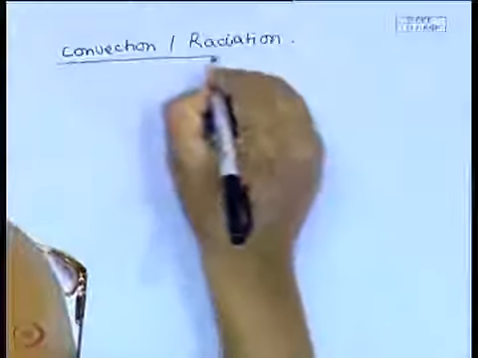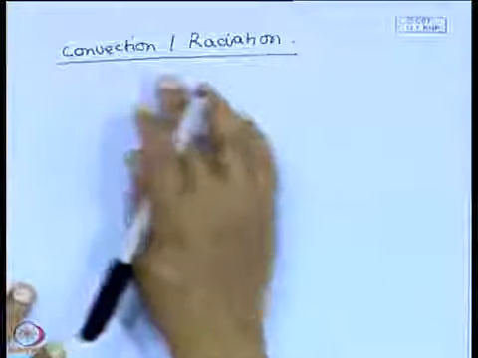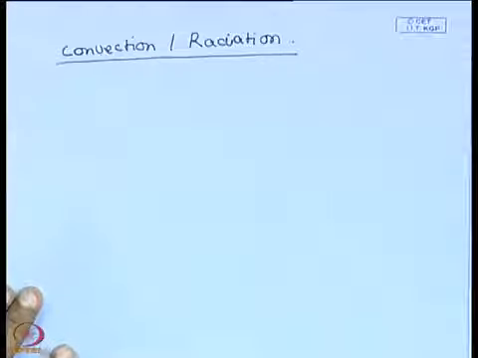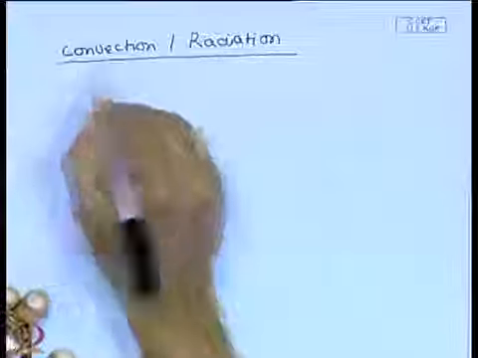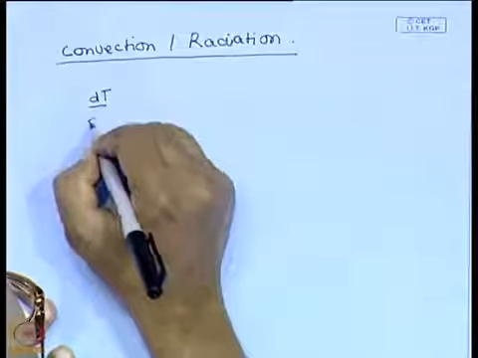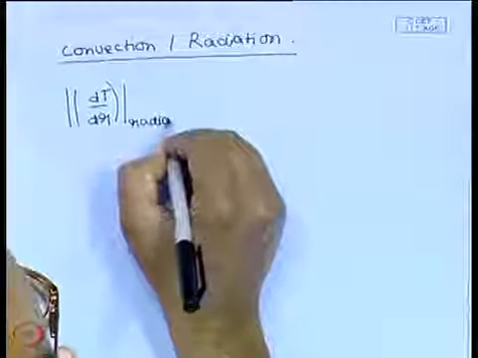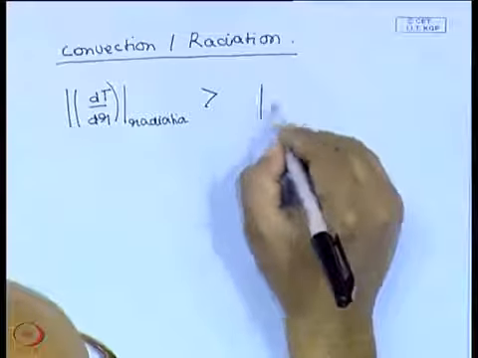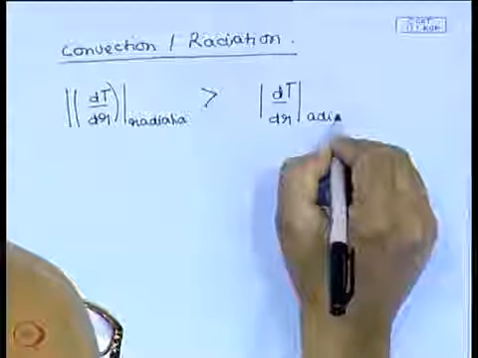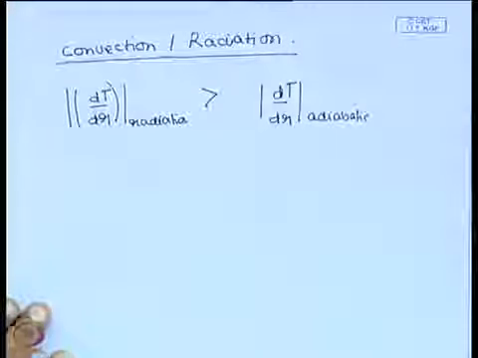Again, we have discussed this, and I have told you that the criterion for deciding which of these will occur is this: if we have radiative transport and if the radiative temperature gradient exceeds the adiabatic temperature gradient, then we have convection, and convection is a very efficient means of transporting energy.